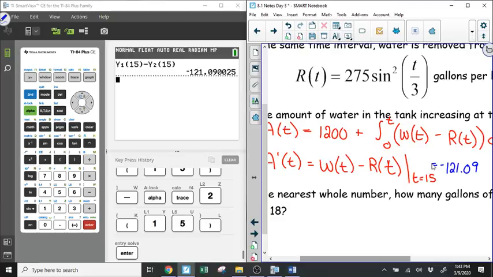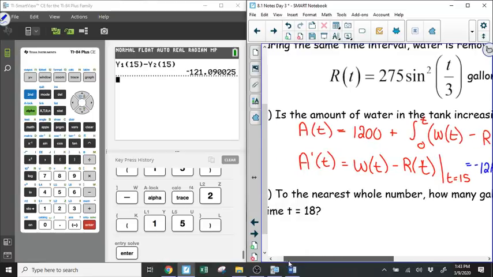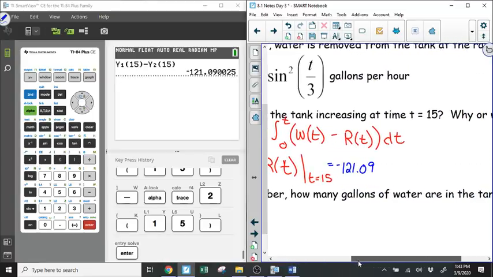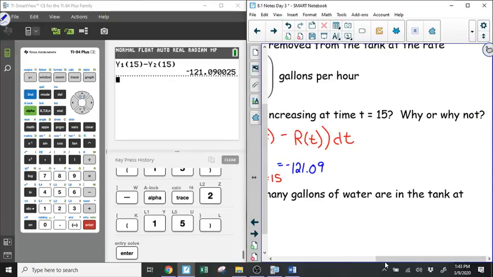okay, let's answer the question. The question was, is the amount of water in the tank increasing at time equals 15? No. The answer is no. I'm going to answer the specific question.